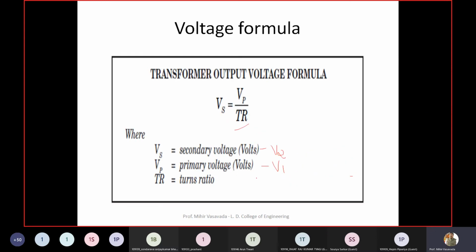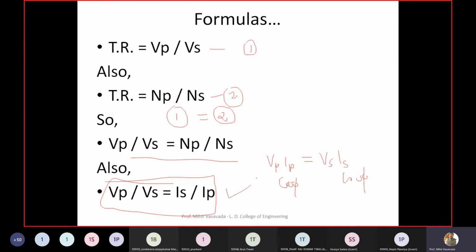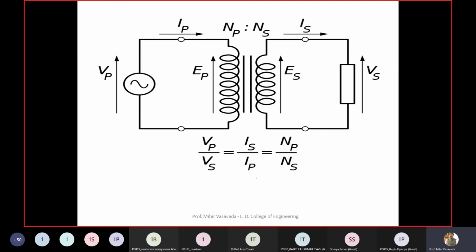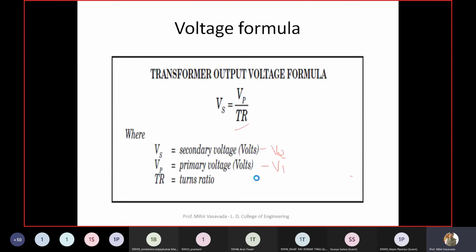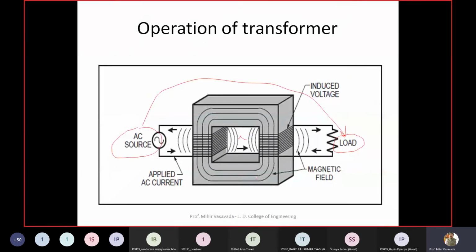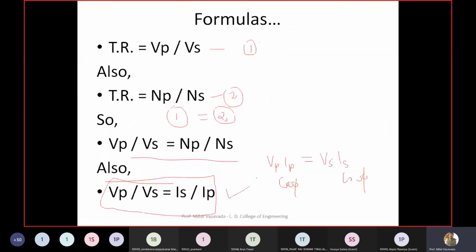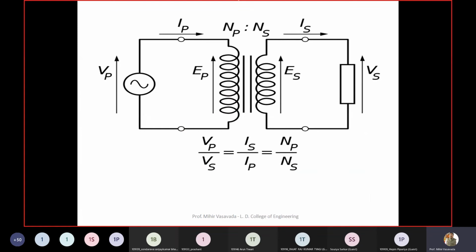This is the voltage formula. This is the formula we have concluded. Again, with reference to these ratios, because we have already seen the working explanation, in the same line, with reference to these formulas, I would like to explain this diagram.